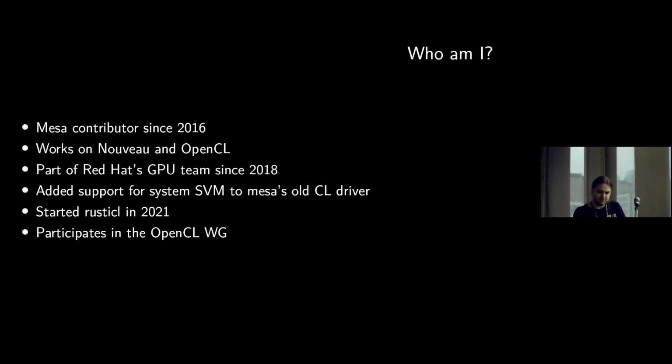The first thing I actually worked on in the compute space was to provide an open user space implementation for shared virtual memory. And it actually implemented system level shared virtual memory in Mesa with the old OpenCL driver we had at the time. I wasn't really happy how this OpenCL driver was written, and it wasn't really reliable. So I started a new one a couple of years ago.